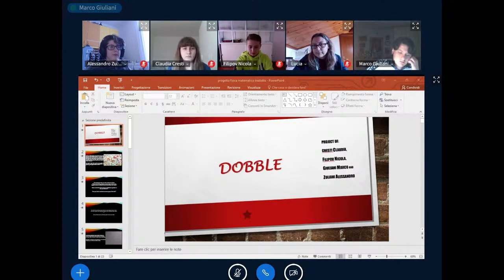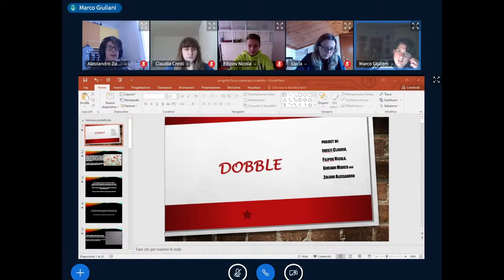Double is a game which has 55 cards, and on each card there are 8 different symbols. The cards are displayed on a surface face down. The game consists in turning 2 cards, and the first player who finds a pair of cards representing the same symbol wins.